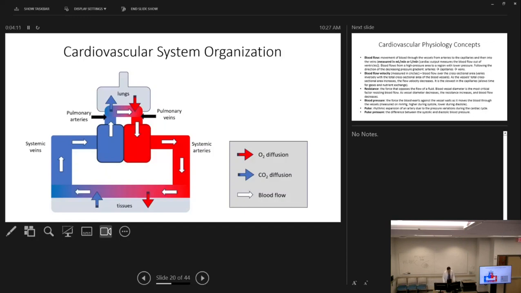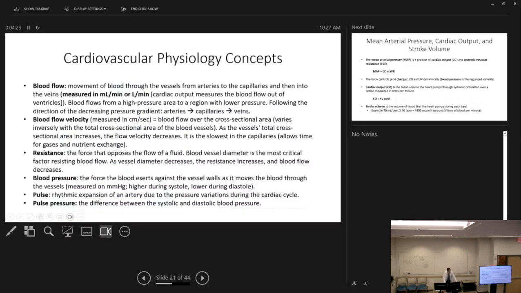So this is more or less the organization of the cardiovascular system. And now we are going to be starting with some of the concepts. Remember, I told you one of the most important concepts we are going to be talking about today is blood flow. As the name says, it is simply the flow, the movement of the blood throughout the circulation, something that we've been advancing since the last lecture.